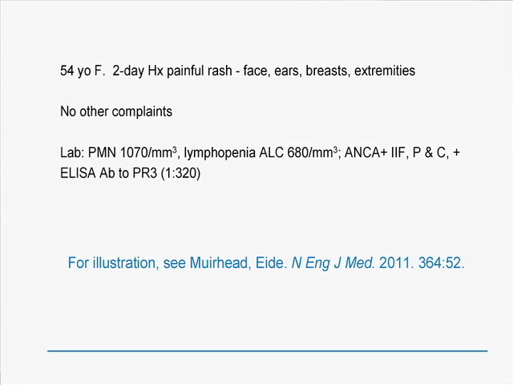And by ELISA, you know the antibody is directed to proteinase 3. Those of you who have seen this before will know immediately what the diagnosis is because of this particular pattern. Those of you who haven't seen it, unless you are an extraordinary reader in terms of the breadth and depth of what you read, probably won't get this.